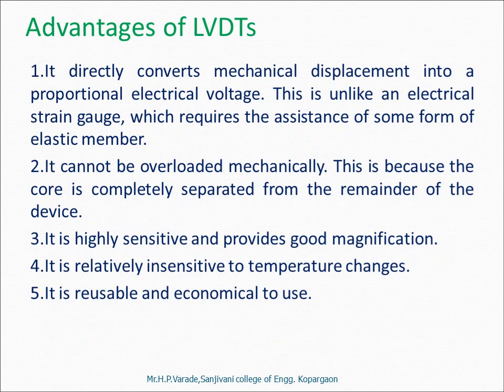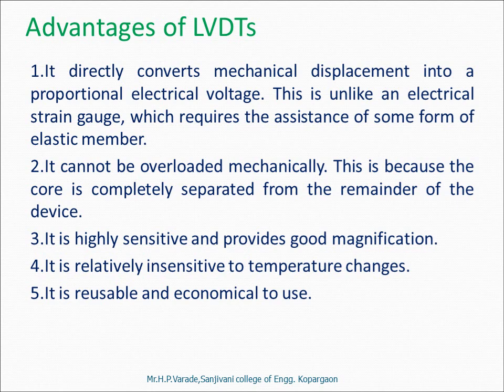So, what are the advantages of LVDTs? It directly converts mechanical displacement into a proportional electrical voltage. This is unlike an electrical strain gauge, which requires the assistance of some form of elastic member. The second advantage is that it cannot be overloaded mechanically, because the core is completely separated from the remainder of the device.